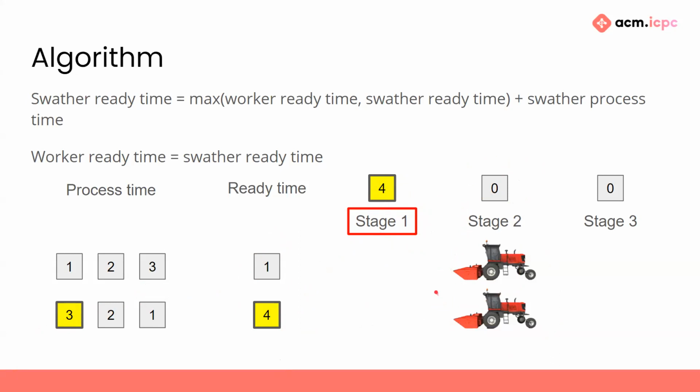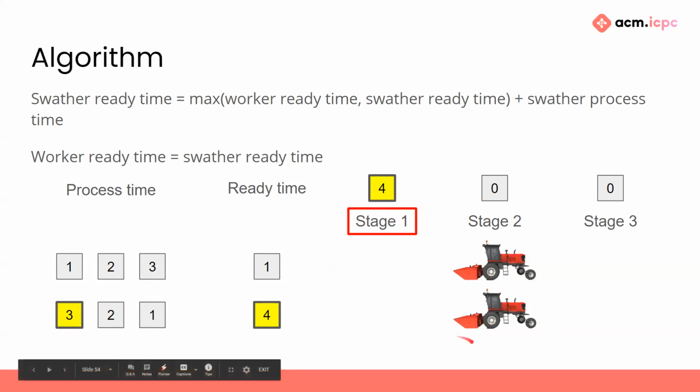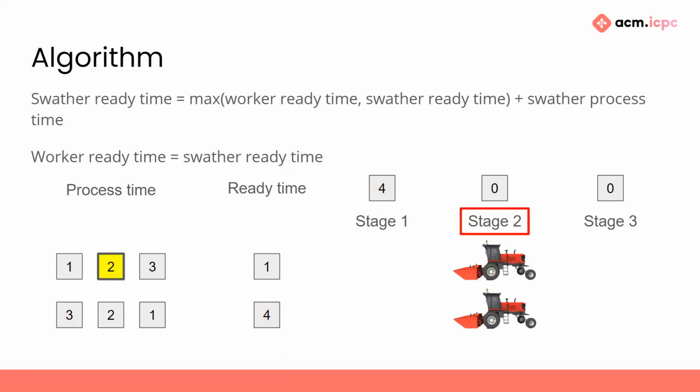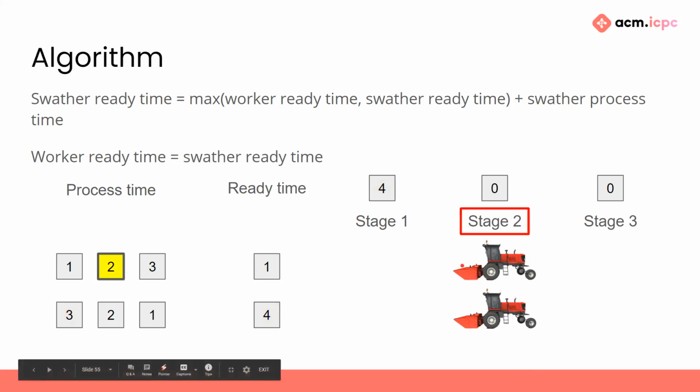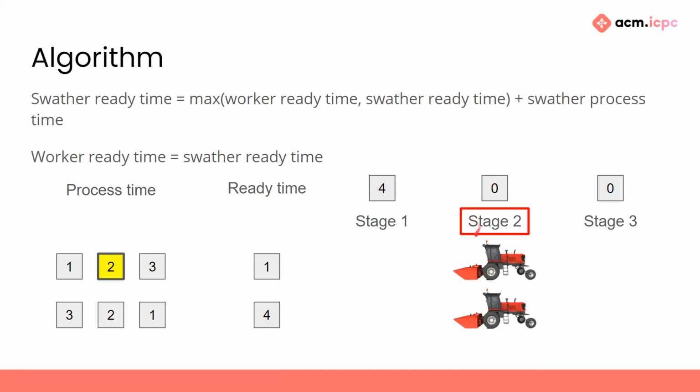Notice that this is very similar to the situation we were in before we start stage 1, right? So we can just throw away stage 1. We look at stage 2. Currently, the worker has to start with the swatter with the lowest label number, which is the first swatter. It takes 2 minutes to process the swatter in this stage. And the swatter is ready at time 1. The worker is ready at time 0.